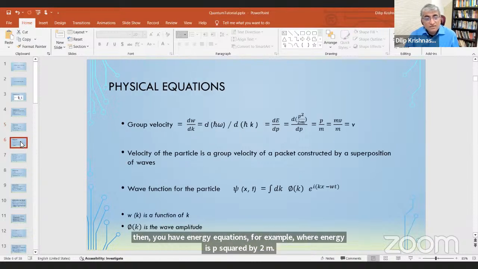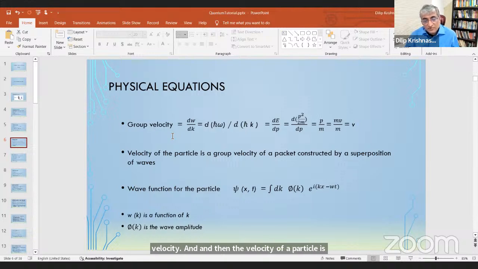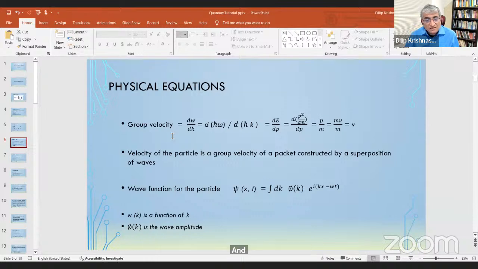Now, the system is actually defined by a group velocity, and the velocity of a particle is the group velocity of a packet that is constructed by a superposition of waves. This results in a wave function for the particle.